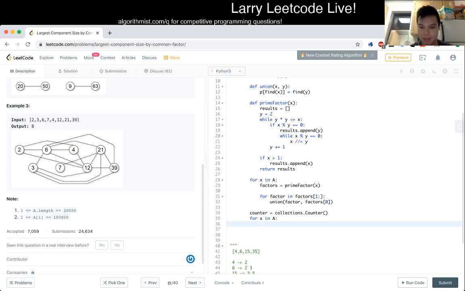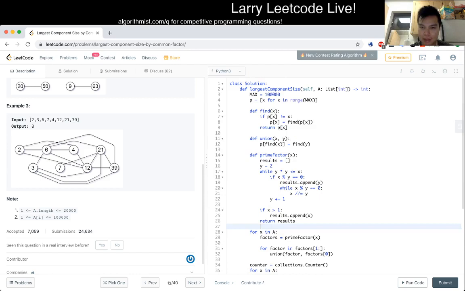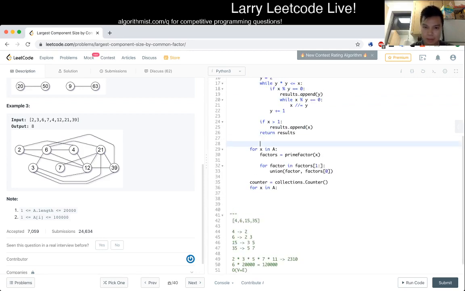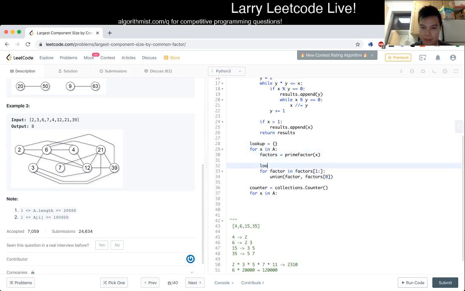But actually, let me cache that so I don't have to calculate the prime factor again, because all you need is one factor. So let's put that in a lookup table, where lookup of x is equal to factor sub 0. Okay.